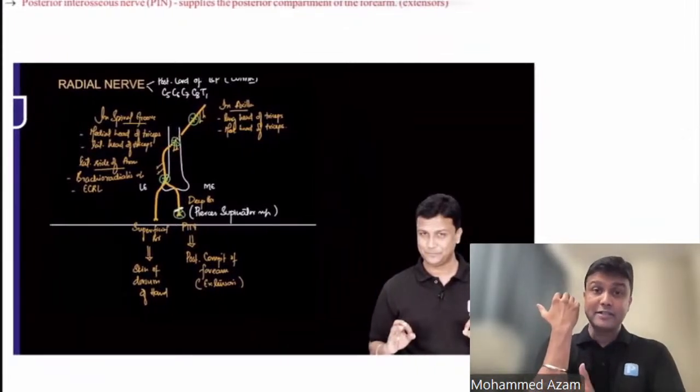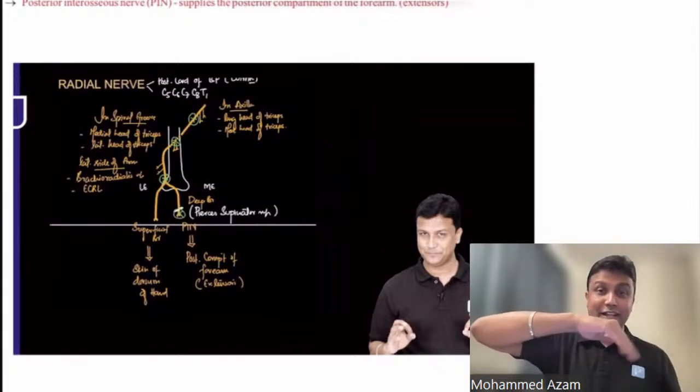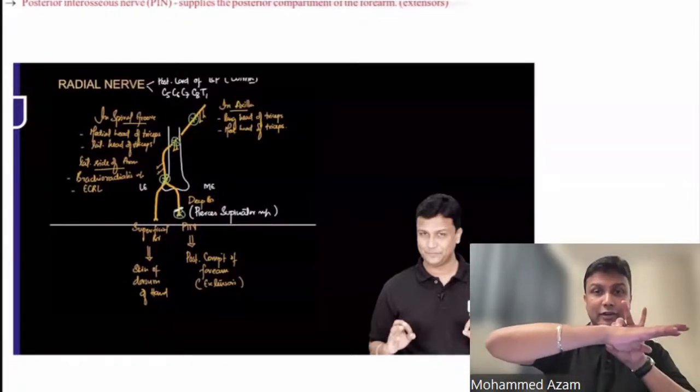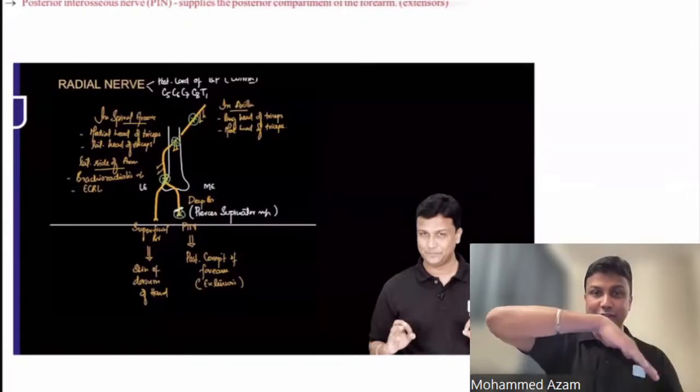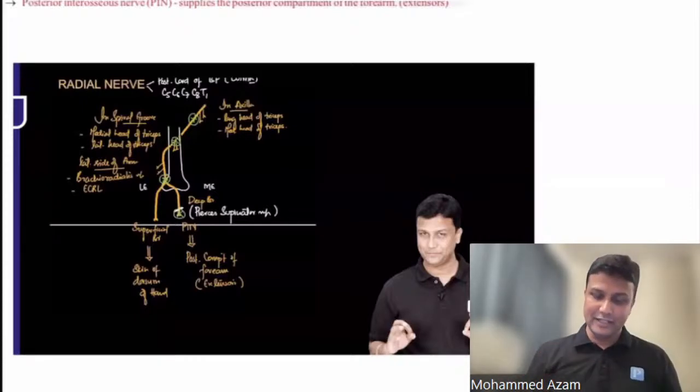One of these muscles is the extensor digitorum, which helps in extending the digits. It's not about flexion, it's about extension of the digits. And remember, my dear friends, at the wrist, extension is mainly by ECRL.